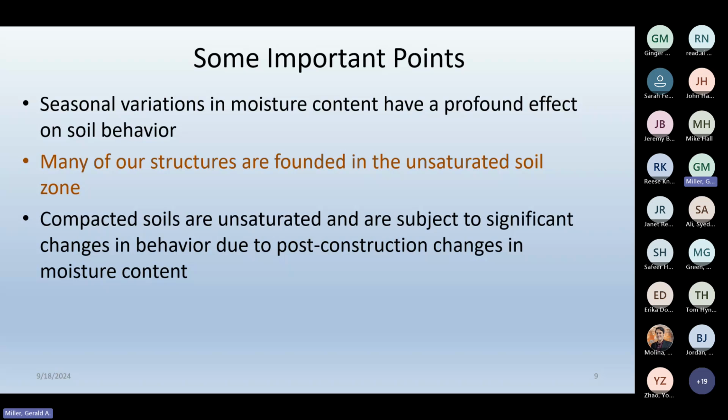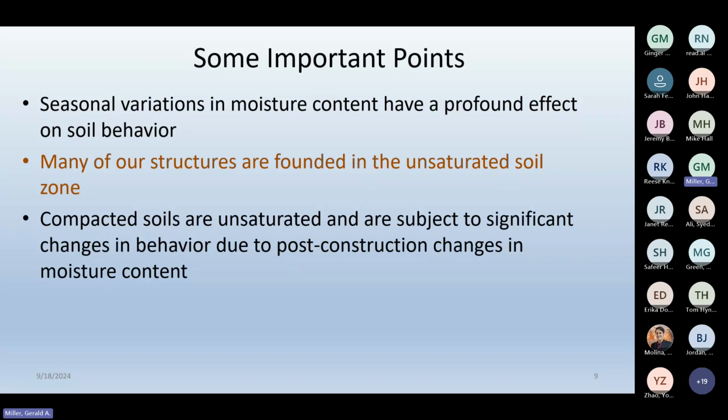And Jim actually provided some great data that showed significant increases, like 4% changes in gravimetric water content in a compacted embankment. That's significant. And as a result, these embankments experience significant wetting-induced compression. So we can't think of compacted soils just because they're engineered soils and we get them to 95% of standard, doesn't mean they're going to behave real well because of wetting.